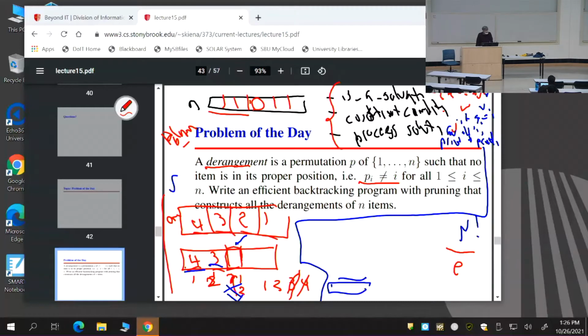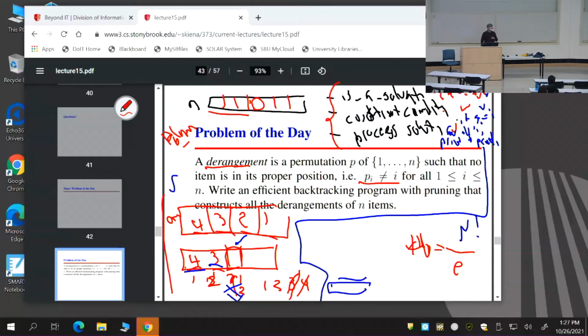Okay? And if you know this, which one of the two items is better? If we know that the number of derangements is n factorial over e, which one of these is better in a big O sense? Or are they the same?